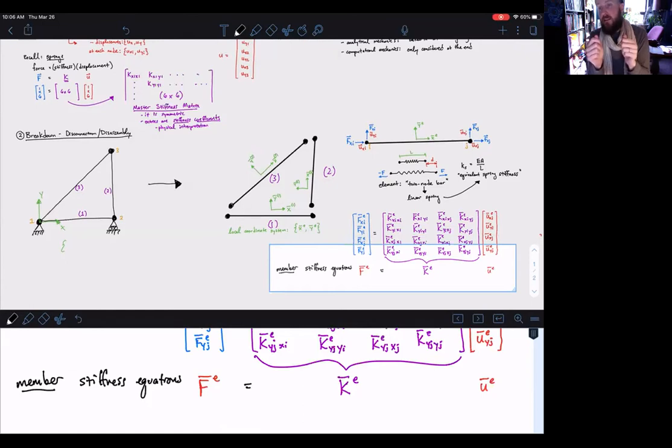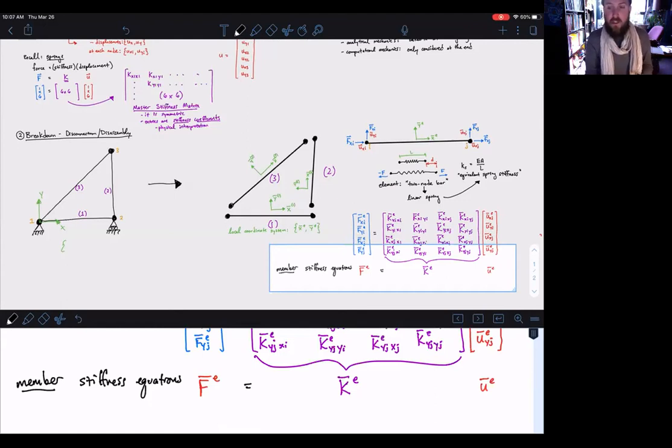And then take that stiffness matrix in the local coordinate system for each element and transform it into the coordinate system of the global structure, and then insert those components, now written in the global coordinates, into the big stiffness matrix K. That's the idea. That's what we're trying to do.